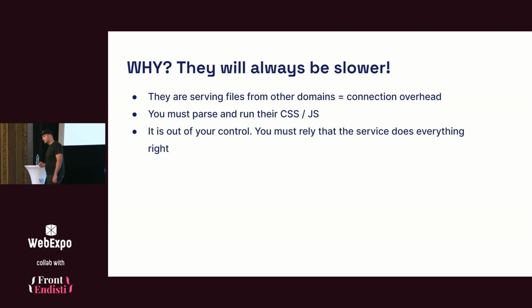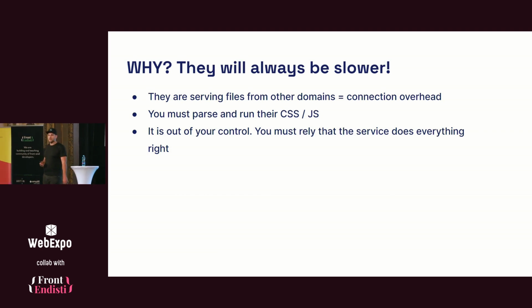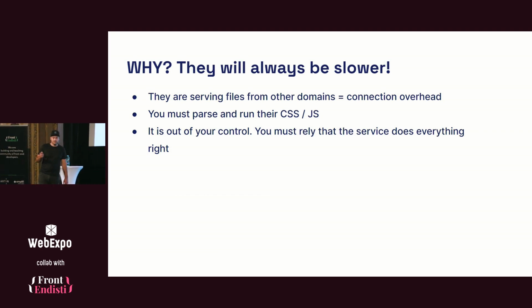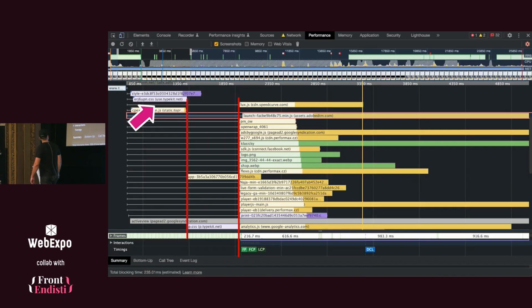They also give you some other resources like CSS and JavaScript, which you need to parse and run in your browser. And everything is out of your control, so you must rely that they do everything right. I mean, like font-display rule or subsetting and these things. And I have proof they don't.